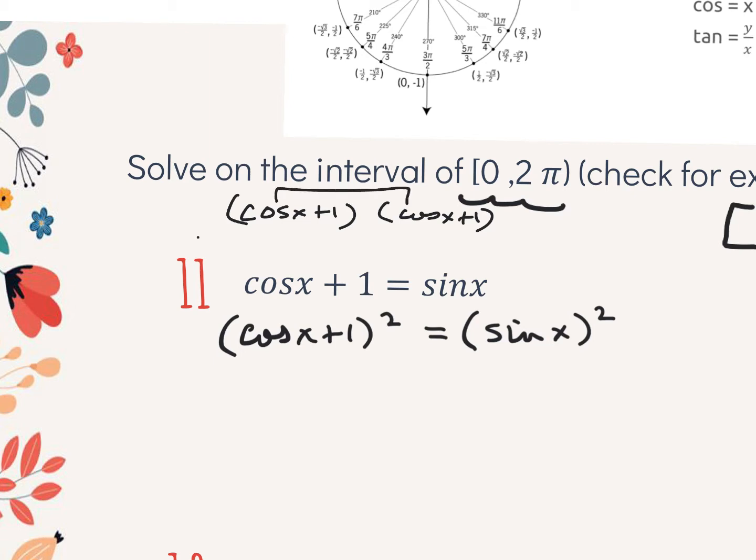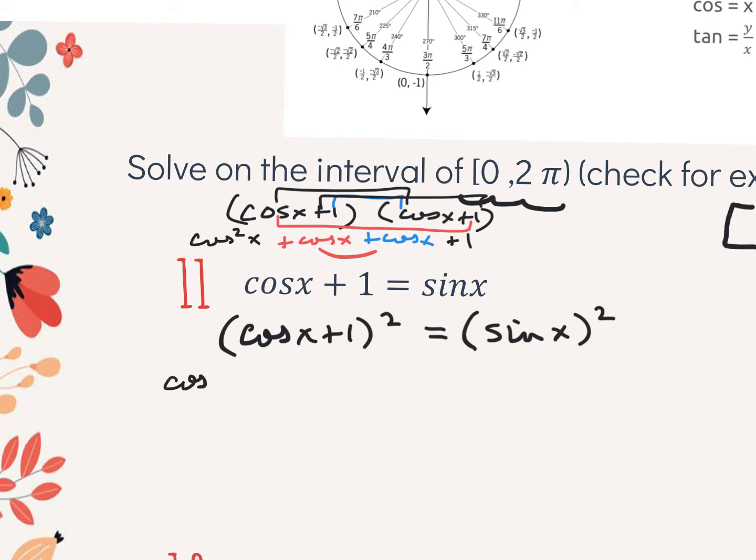First gives me cosine squared x. Outside gives me cosine x. Inside gives me cosine x. And finally last gives me 1 times 1 is 1. I can add the outside and inside, and that'll give me 2 cosine x.